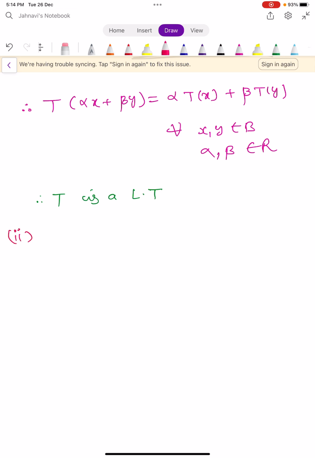Next, you have to show that this capital T is continuous. This linear transformation is continuous.